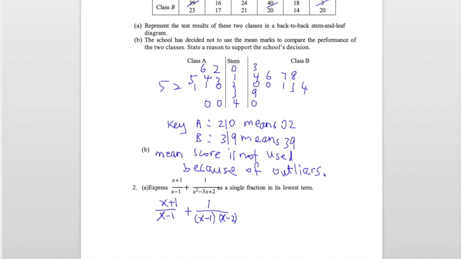Right, so now we need to make the same denominator. So there is a short of x minus 2 here. So we need to multiply by x minus 2 over x minus 2. So that the denominator is the same. Once the denominator is the same, then we can put it under a single denominator. So we put it under a single denominator.